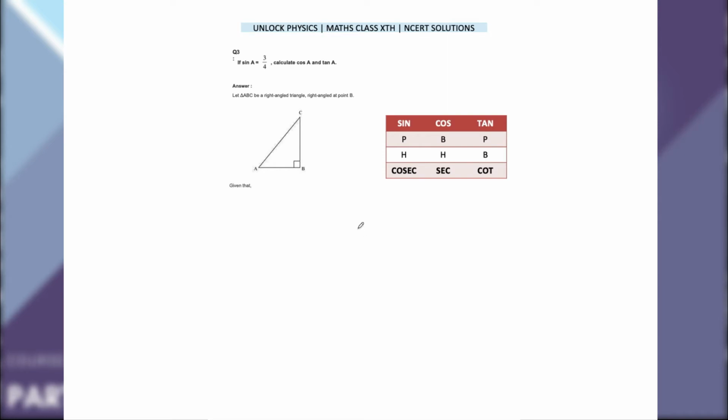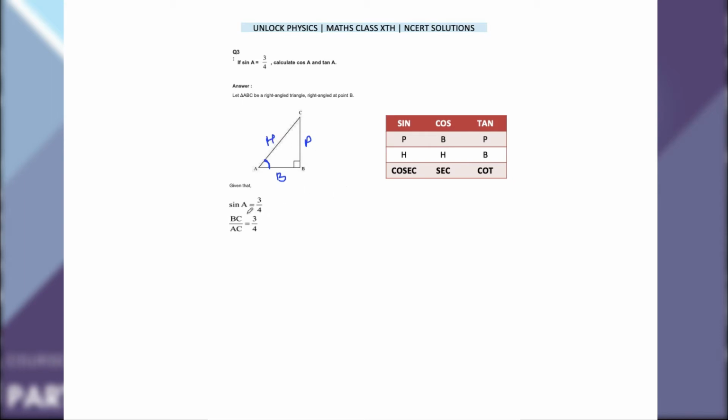Now it is given to us that sine A is equal to 3 by 4. Since we are talking about sine of A, the side in front of angle A would be the perpendicular. The side adjacent to A will be the base. And the side in front of the right angle would be the hypotenuse.